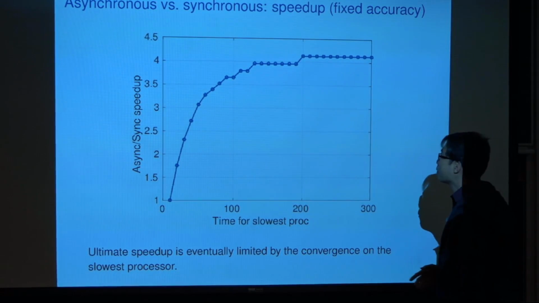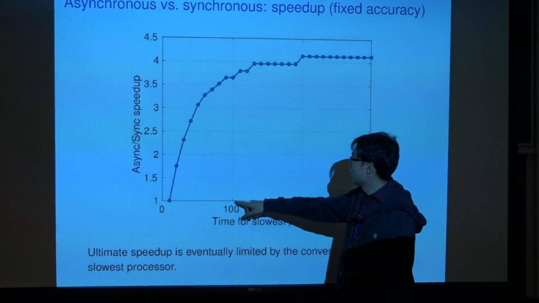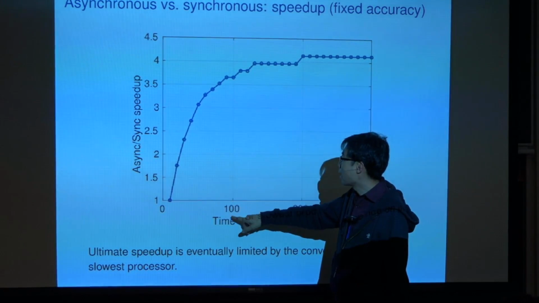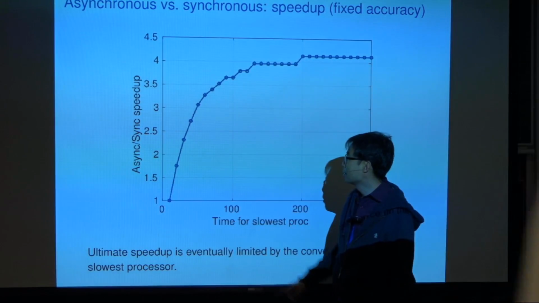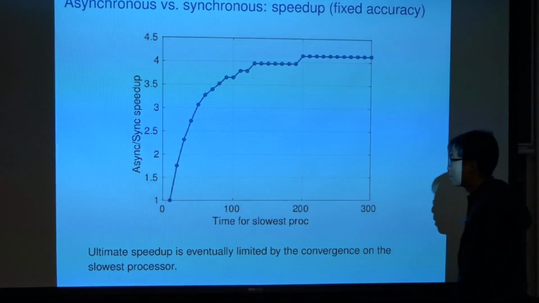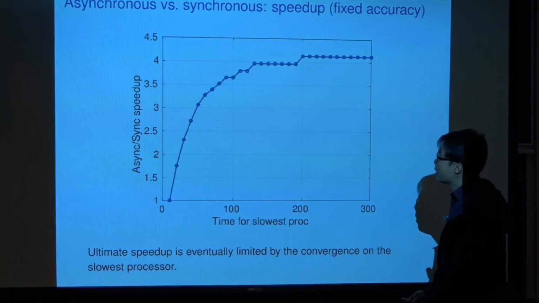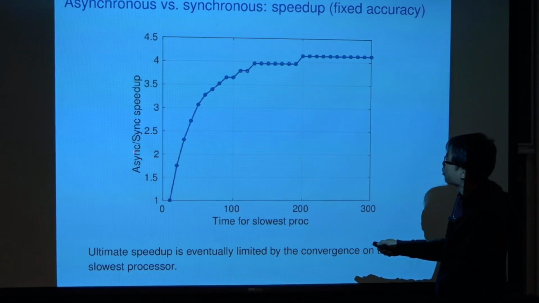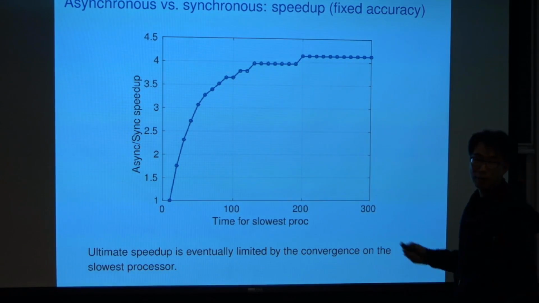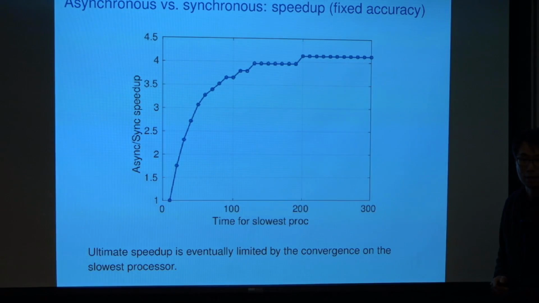But if one of them is 10 times slower, in other words, taking 100 units of time rather than 10 units of time, then you can see that the asynchronous algorithm is going to be almost 4 times faster than the synchronous algorithm. And eventually, this flattens out.